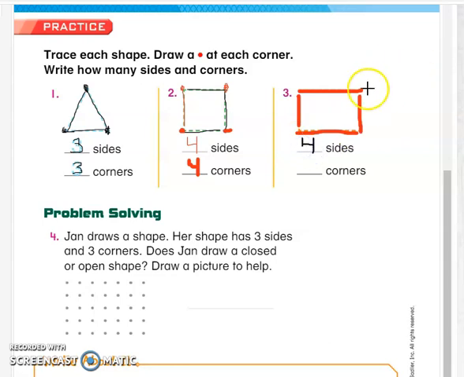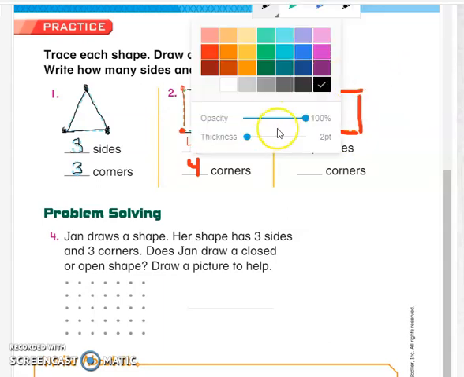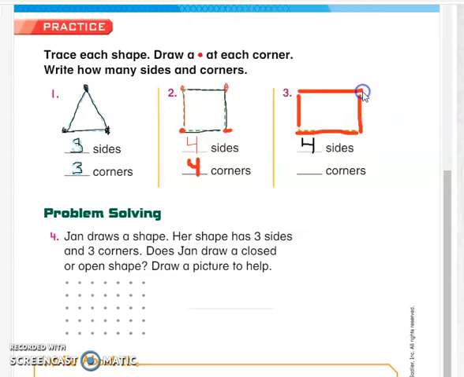All right, let me try my corners now. If it'll let me. Let's try this. I have 1, 2, 3, and 4.